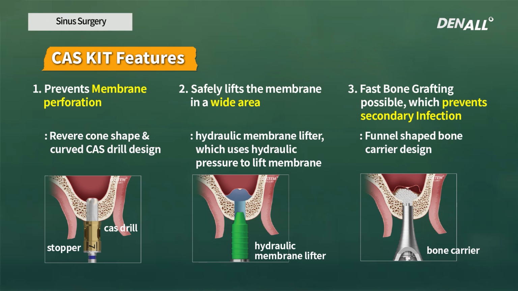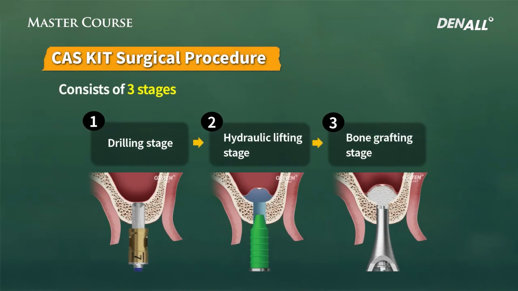Without secondary infection, quickly using the bone carrier, which is shaped like a funnel, you can do bone graft easily. The CAST kit consists of 3 stages: drilling, hydraulic lift, bone graft, and then the implant is placed.